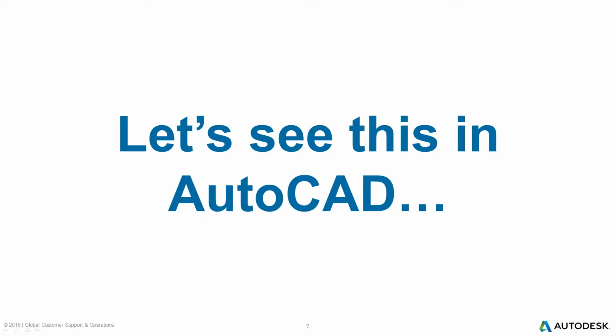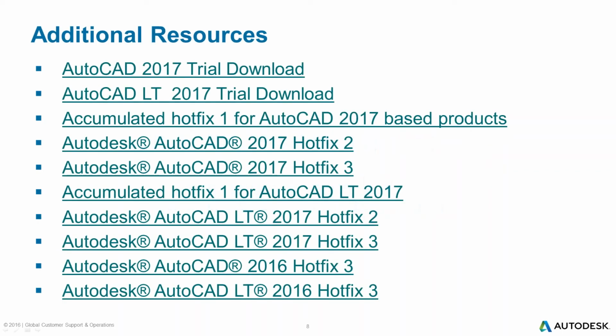So let me jump back to the PowerPoint. Can you see the PowerPoint okay? Yep, we can see it. Okay, so we'll run through the last couple of slides, Ashley. Yep, sure. So we have some additional resources, links, if you're not using AutoCAD 2017 and you want to have a trial download or LT 2017, you can do that. We also have hot fixes available, so please take a look at that.